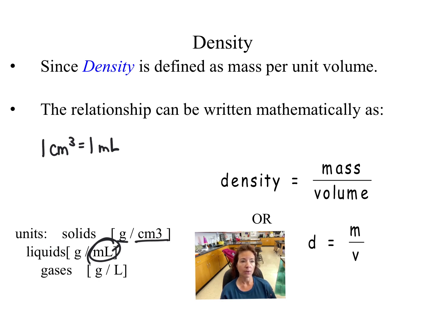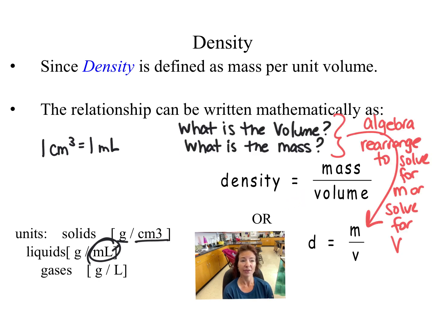Now sometimes you might have to find the mass and I give you density and volume, and sometimes you might have to find the volume and I give you mass and density. Different things, you're going to have to rearrange the equation mathematically. There is a little trick.